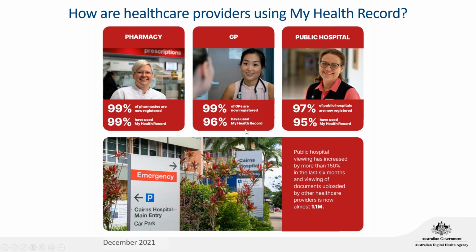A very important document that is available in a patient's My Health Record if their GP, for example, has uploaded it. So we know a lot of them are connected and using the system already. We have the majority of public hospitals across Australia having access to My Health Record and uploading documents as well.